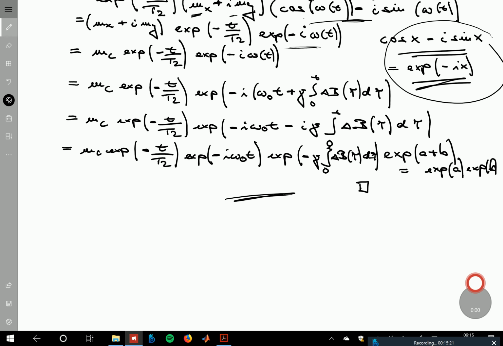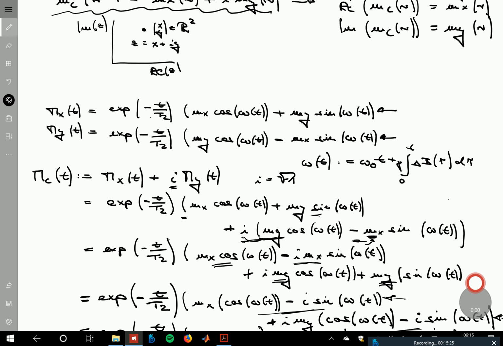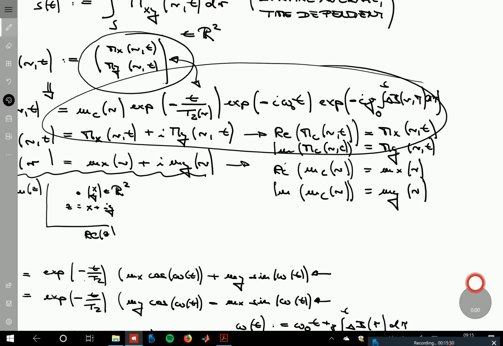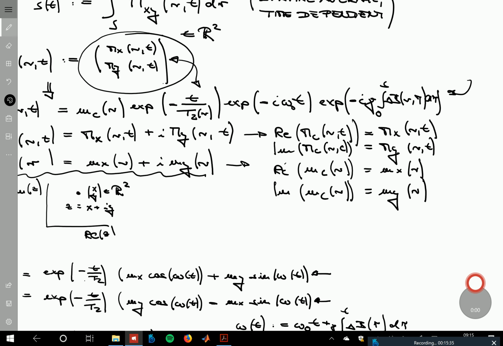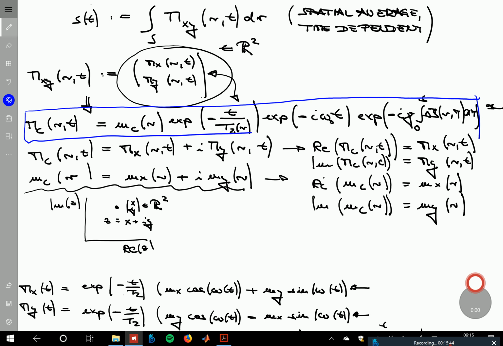And that's then exactly this expression here, and again, it's just the reformulation of our solution that we worked out previously in complex exponential terms.